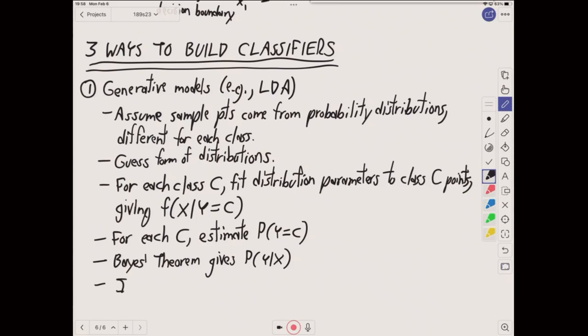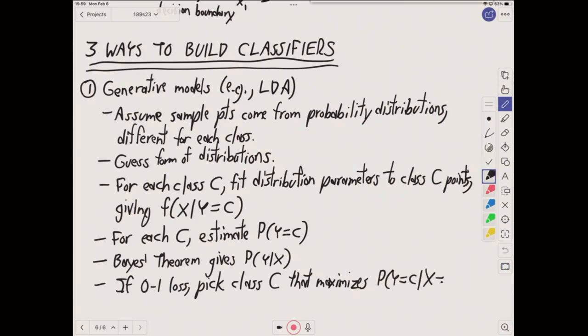And lastly, I'll assume that we're doing 0-1 loss. You pick the class C that maximizes the posterior probability, the probability of being in class C for test point x.